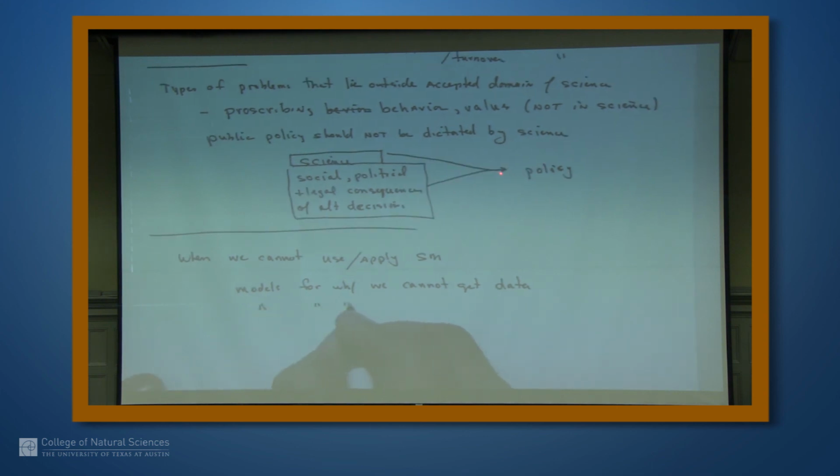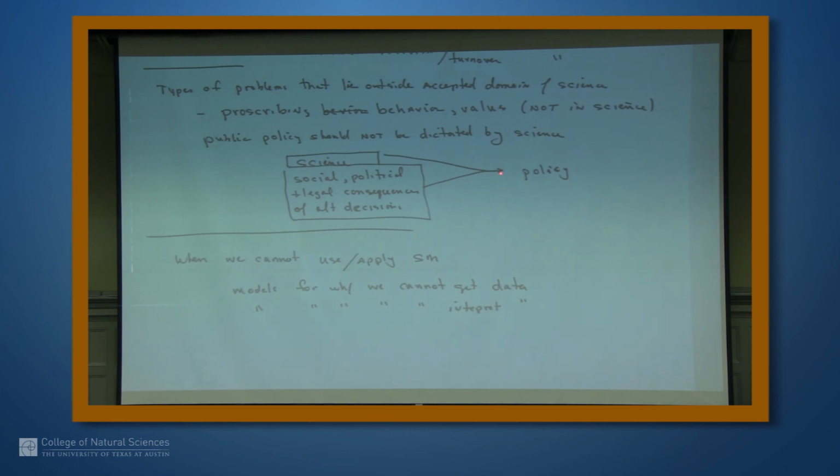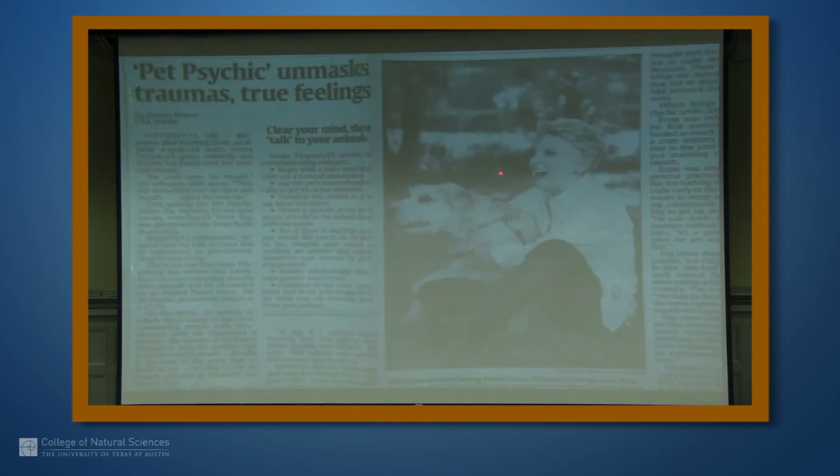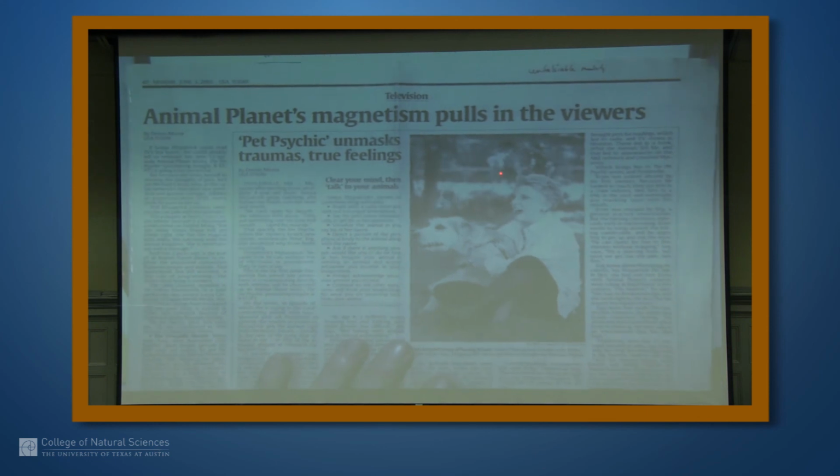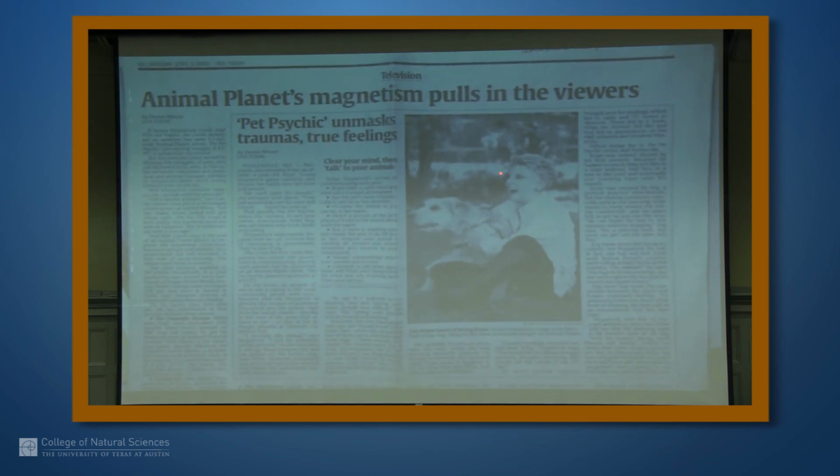There are also models for which we cannot interpret data, and I have some examples of that. Pet psychics is a good one. For some reason, I used to go to DC about three times a year, and it seemed like the DC paper was absolutely obsessed with pet psychics.